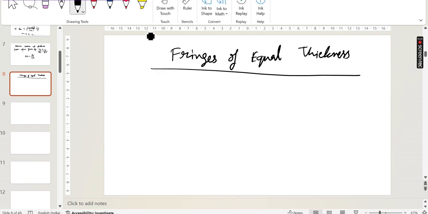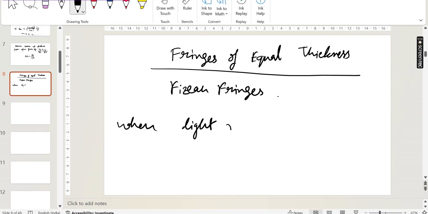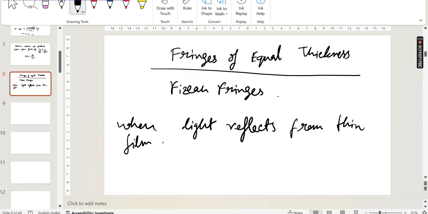This is also called Fizeau fringes. So it happens when light reflects from a thin film of varying thickness.